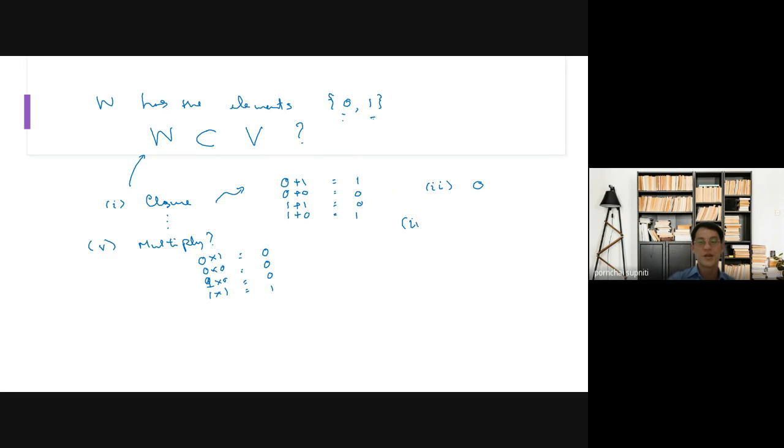And for property number 3, can we find an inverse for all elements? What is an inverse for 0? And what is an inverse for 1? Inverse in terms of addition. So what is added to 0 and gets 0? Thirawit, any idea?